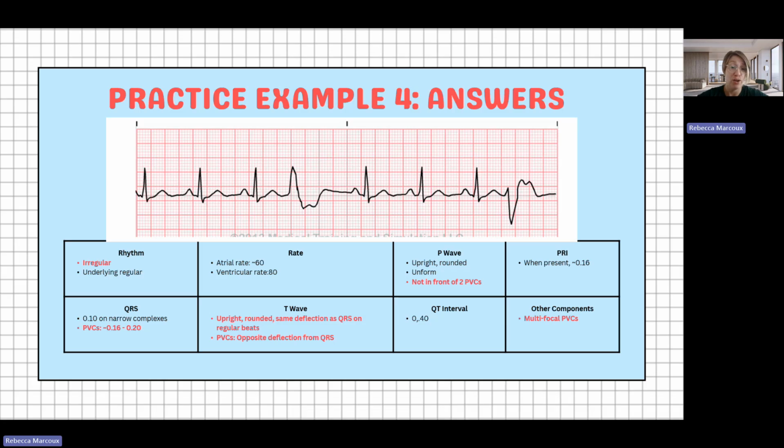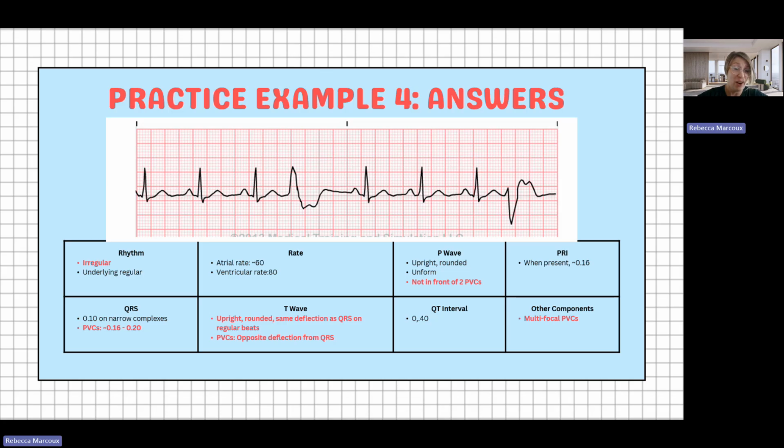Our P waves in our underlying rhythm are upright, rounded, and uniform, and again, there are no P waves in front of our PVCs. When our PRI is present, it's approximately 0.16, and it's consistent across the strip. Again, please make sure you check it in about 3 spots, and that'll become apparent why next week.